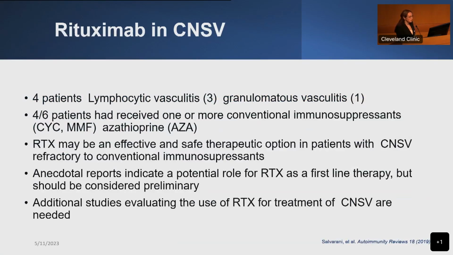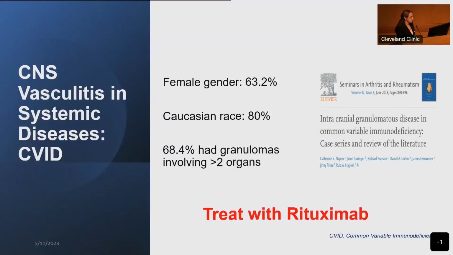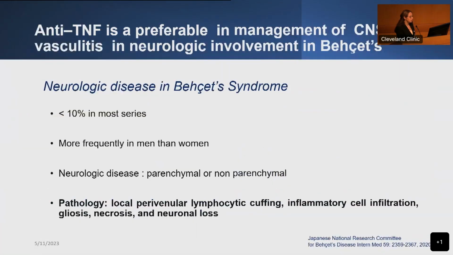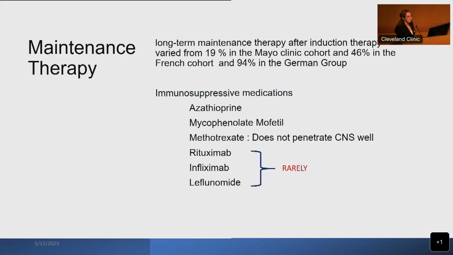Rituximab in CNS vasculitis is not the first-line treatment, and there's only anecdotal use in this condition, and we don't recommend it as a first-line therapy. But in CVID, we have used rituximab anecdotally with a good response. We use anti-TNF in ADA2. There is some data on that, as well as anti-TNF in neurologic involvement in PsA.